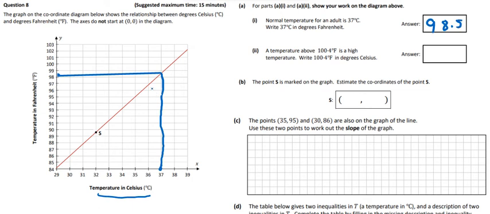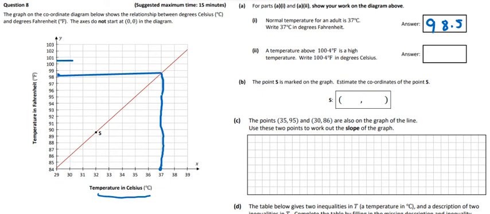A temperature above 100.4 degrees Fahrenheit is a high temperature. Write 100.4 degrees Fahrenheit in degrees Celsius. So on the diagram, you'll notice... oh no, sorry, I'm reading wrong. So 100.4 is in here, degrees Fahrenheit.